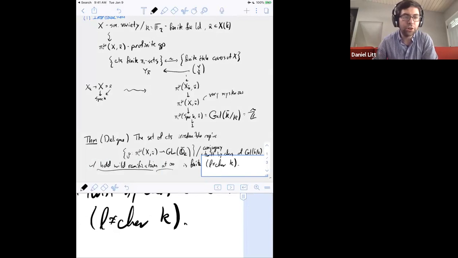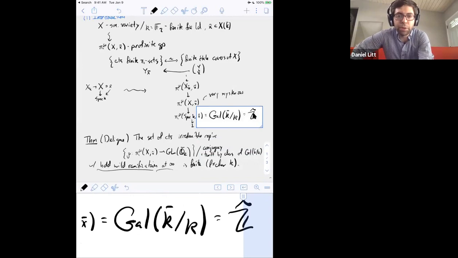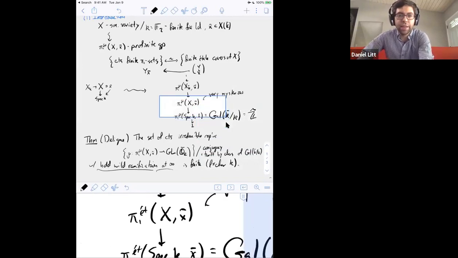All right, and Cheng Ho asks if twist is the same as precomposition. So not quite. What twist means is that if we have a character of Z hat, so a one-dimensional representation, we can pull it back to get a one-dimensional representation of this thing, and then we can tensor any representation with that one-dimensional representation.